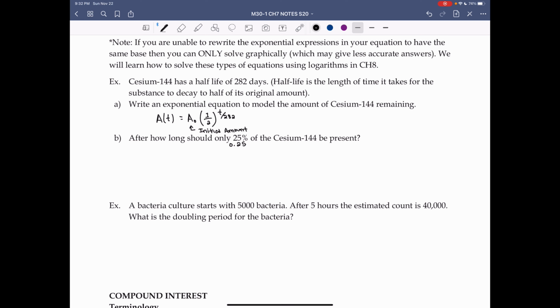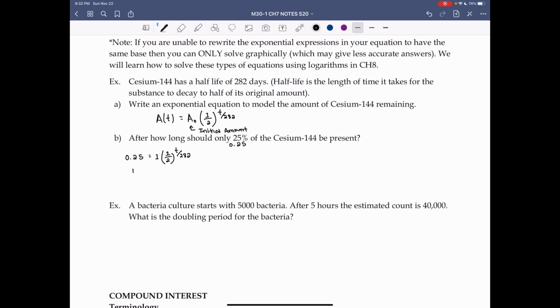So we want the amount remaining, which is A of t, to be 0.25. If the initial amount is 1, and our function is 1 times 1/2 to the power of t over 282. So we want to try to write the same base on each side.